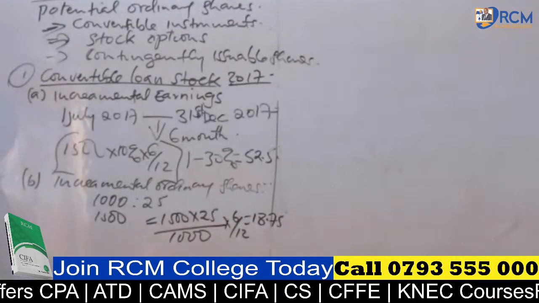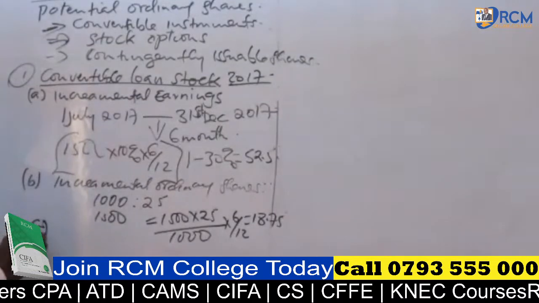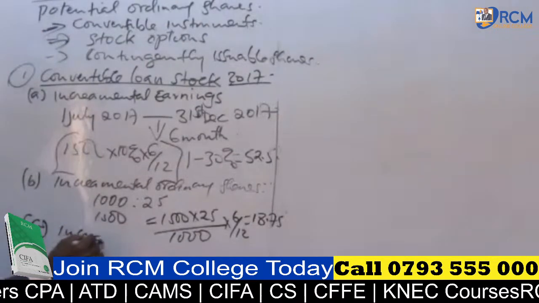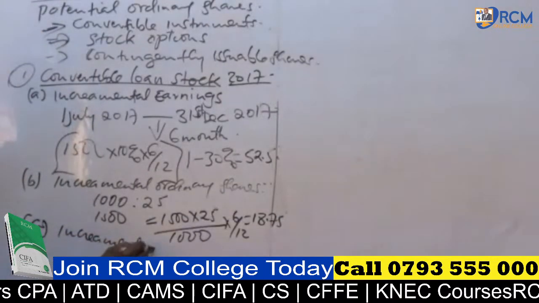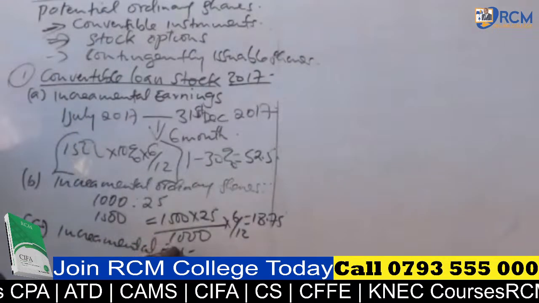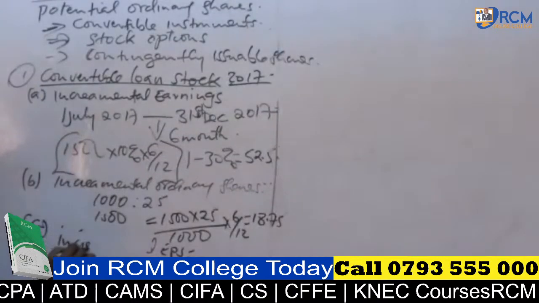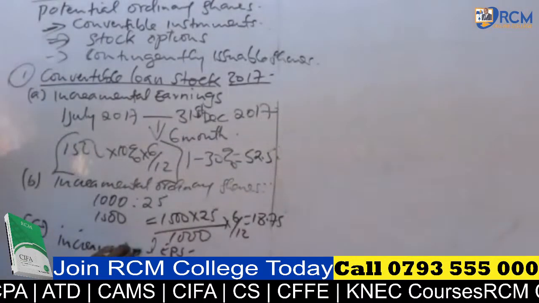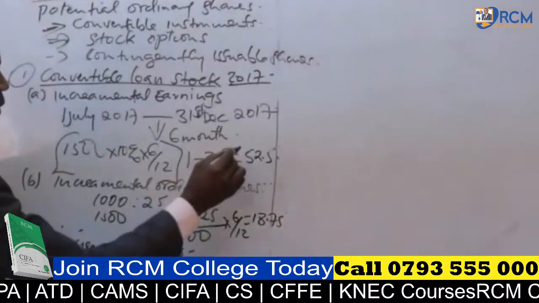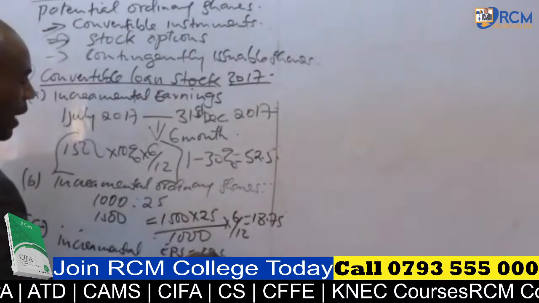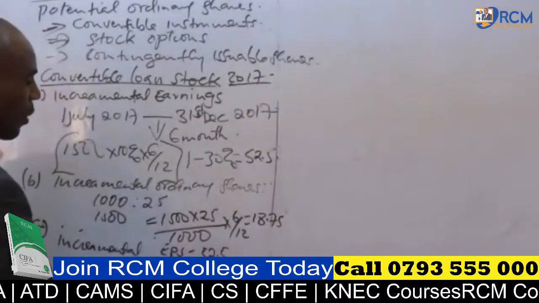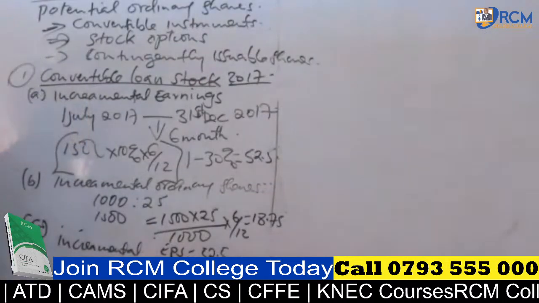Then I go to number C, incremental EPS in that potential ordinary share. Incremental EPS equals 52.5 divided by 18.75.